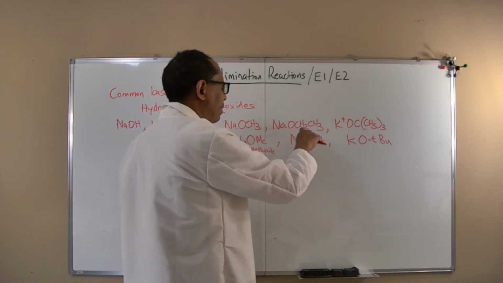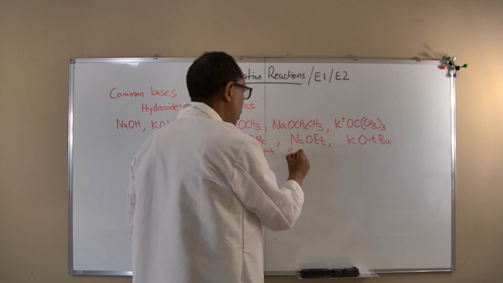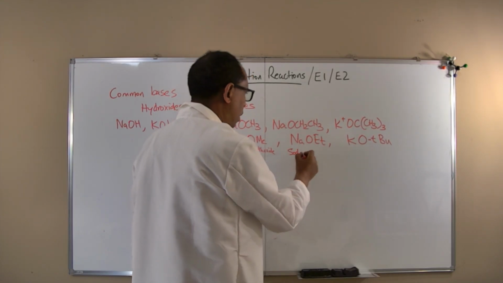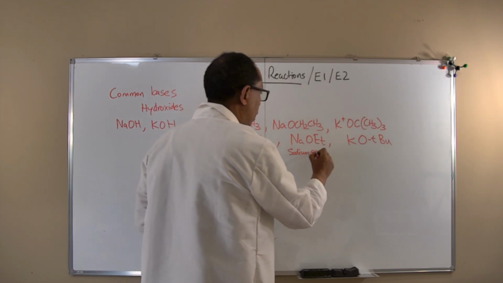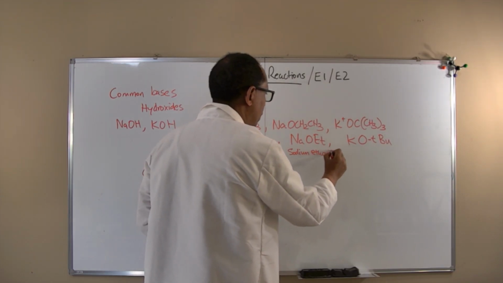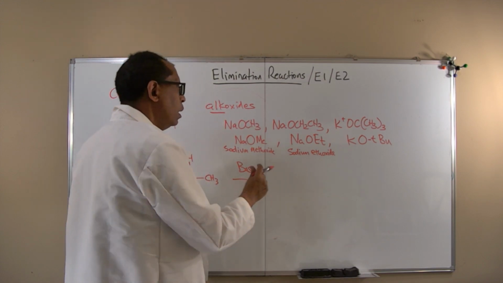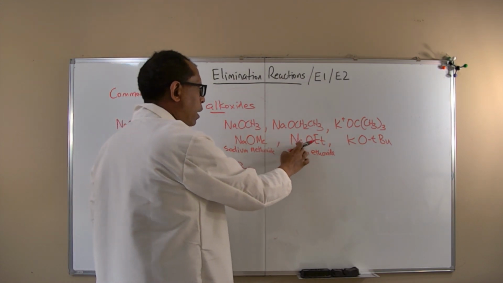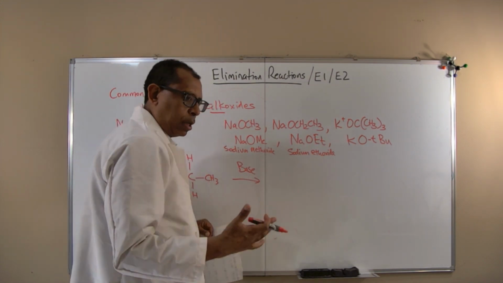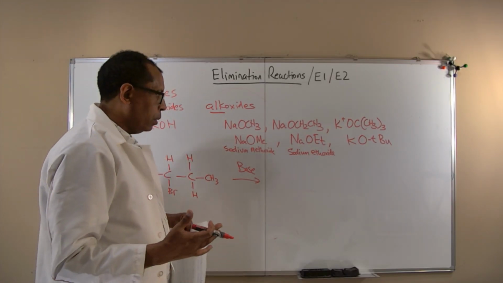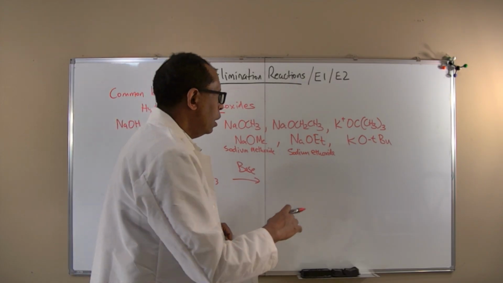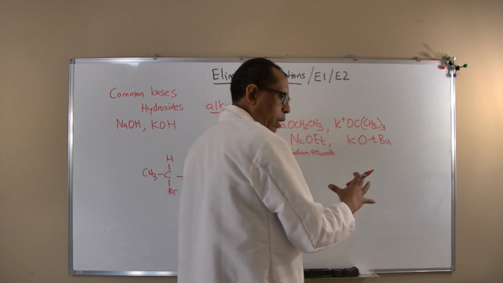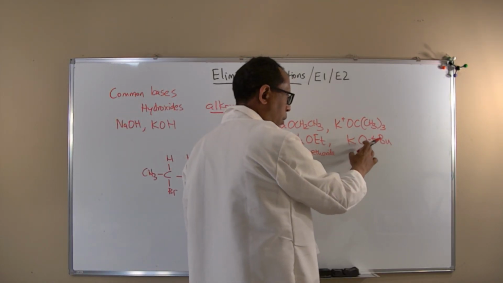Here you have sodium ethoxide. You can have potassium ethoxide as well, but here as an example, sodium ethoxide. So it is NaOEt. That's the abbreviation we also use to show sodium ethoxide. Here you have a bulky tertiary butoxide.